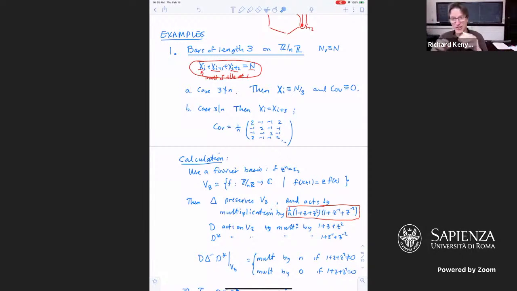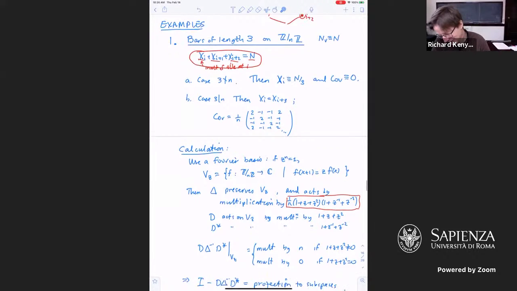And because the Laplacian is a symmetric matrix, it's d star essentially. This is the eigenvector for the Laplacian. And in fact, you can think of d also: d is an operator from the tile space to the vertex space, but if you identify them, then you can consider d to act on Vz by multiplication by this, and d star acts by multiplication by that, and so on.